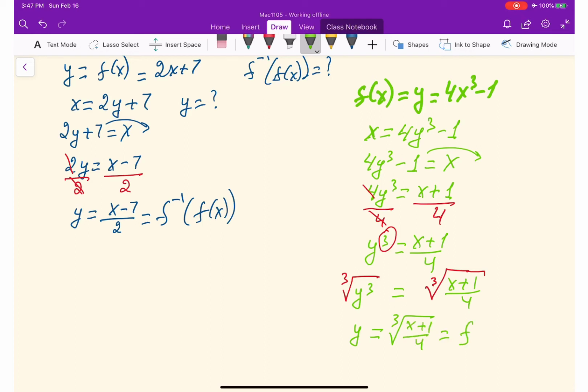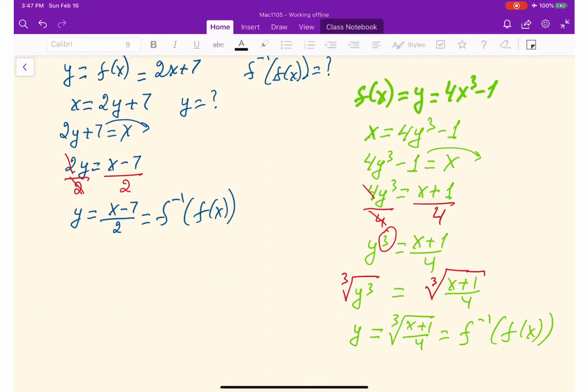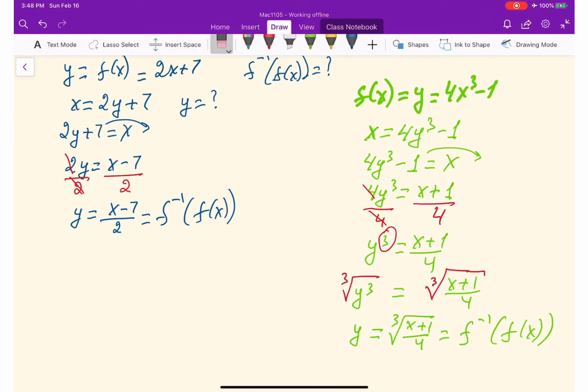And this is the inverse function of f of x, which means the cubic radical of x plus 1 over 4 is the inverse for 4x cubed minus 1.